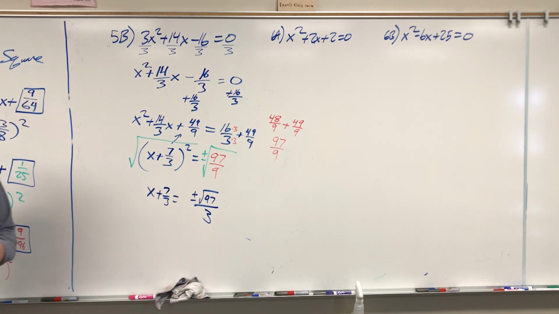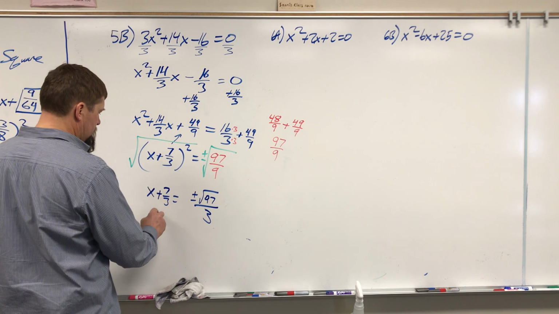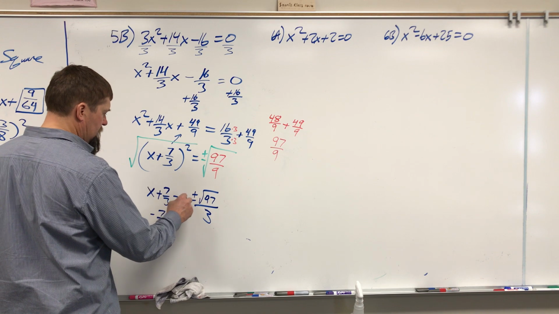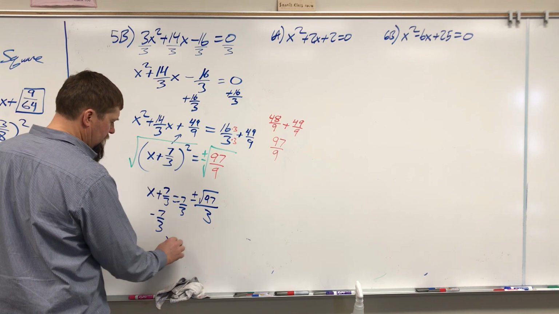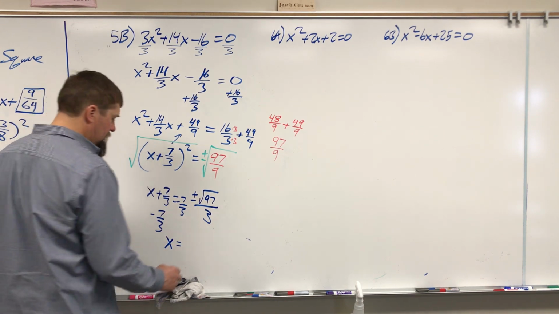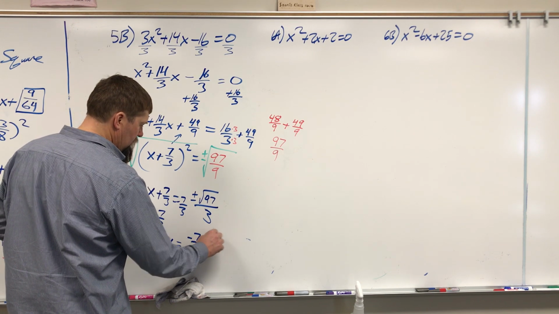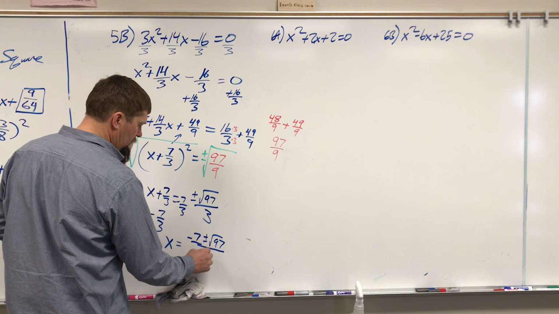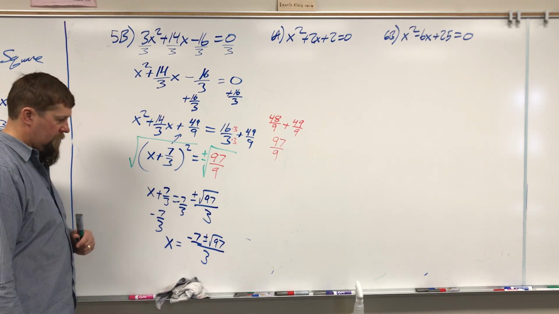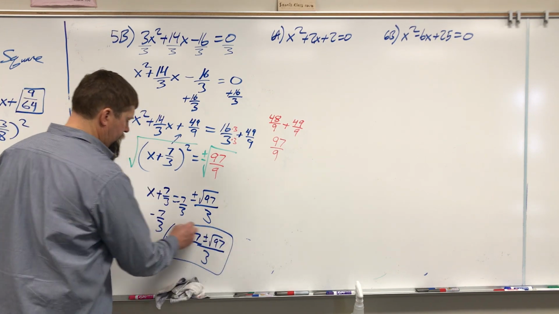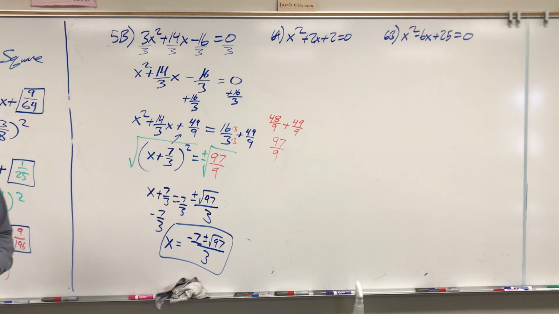Okay, you never want a square root in the denominator, and then I'm going to subtract 7 thirds. So my answer is, in simplified radical form, negative 7 plus or minus the square root of 97 all over 3. And that should be the correct answer.